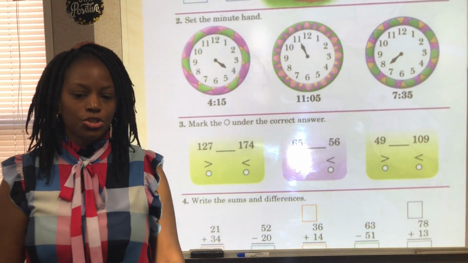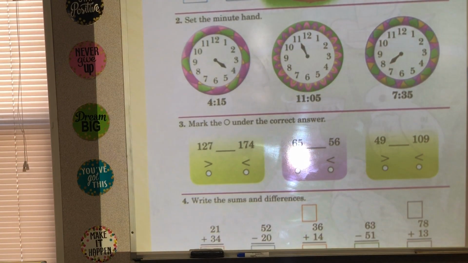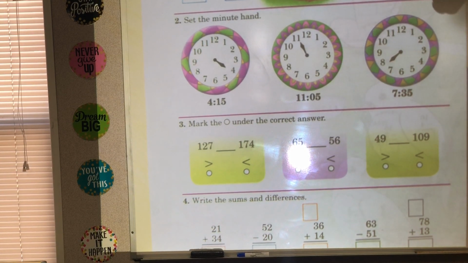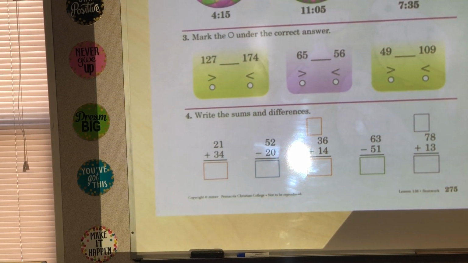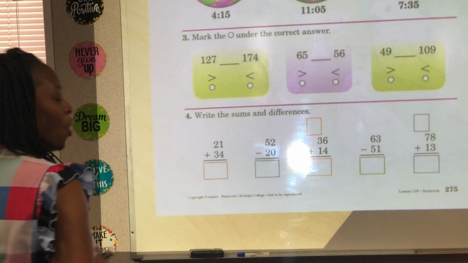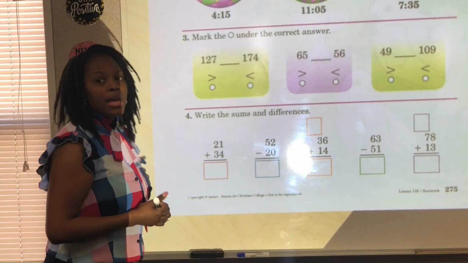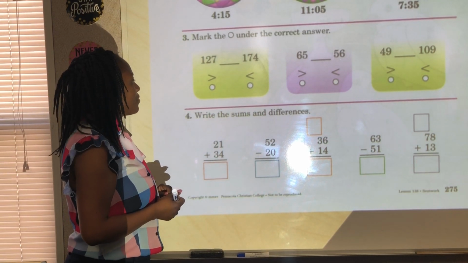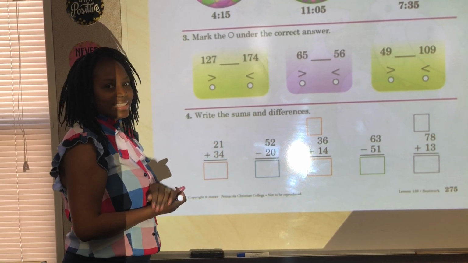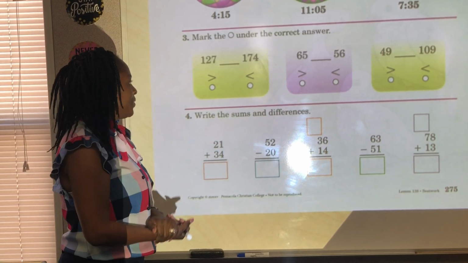Take a look at section 3. It says, mark the circle under the correct answer. You have 127. You're comparing the numbers 127 and 174. You have the greater than sign. You have the less than sign. So let's compare the numbers.